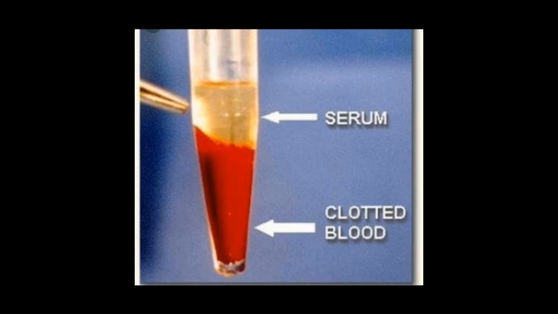This blood serum from the tissues of an immunized animal contains antibodies and is used to transfer immunity to another individual. So the serum contains antibodies that help you to get immunized against different types of diseases.